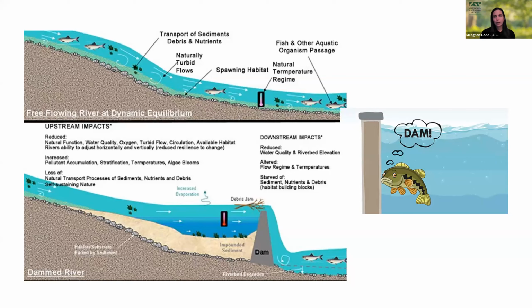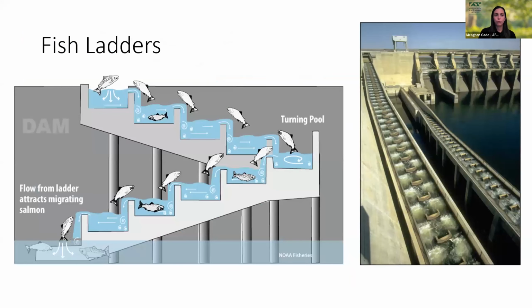So fortunately, there's been a lot of really cool and kind of silly technologies to try to help maintain connectivity for fish. I think this is truly one of the most hilarious solutions, and it's been around since the 1930s. But the idea is that it's a fish ladder. And so you just build a stepwise staircase for the fish to just flop their way up and over the dam.